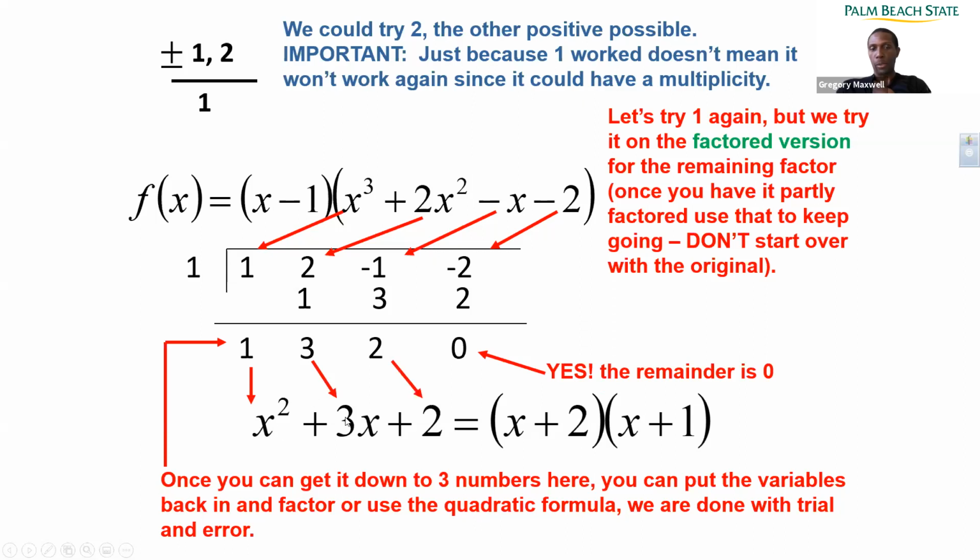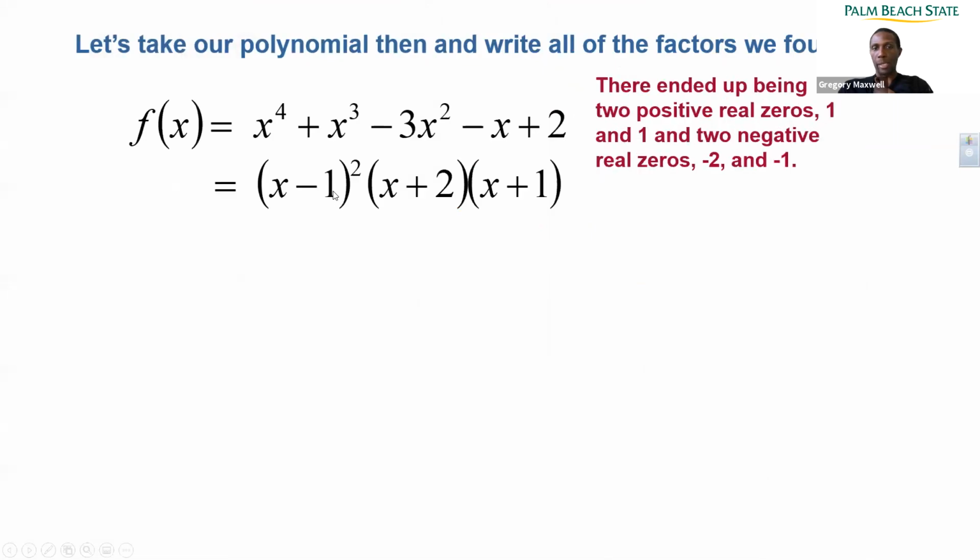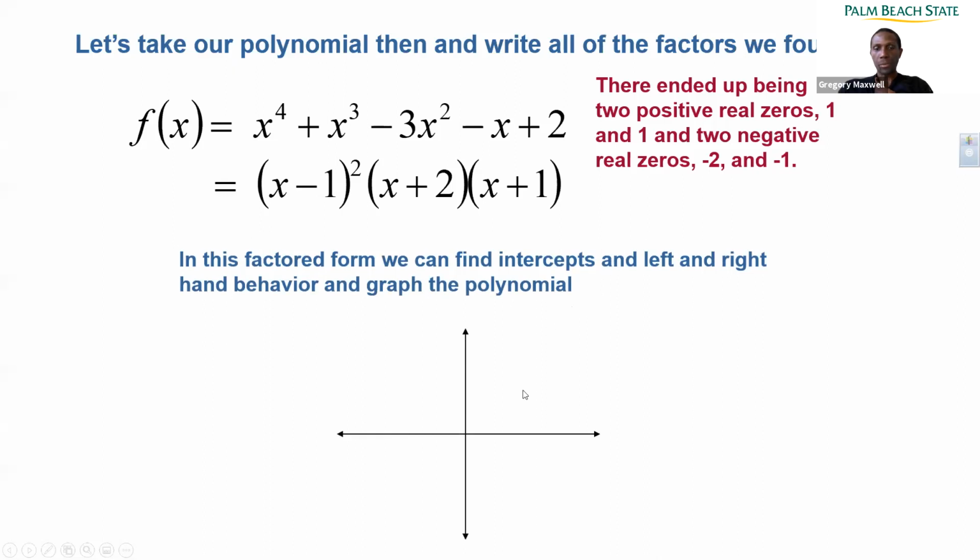And then, of course, x squared plus 3x plus 2 is a quadratic expression, which factors very nicely. And so this whole thing factors out to be x minus 1 times x minus 1 times x plus 2 times x plus 1, or x minus 1 squared times x plus 2 times x plus 1. And we drew this graph on Desmos, that matches our graph.